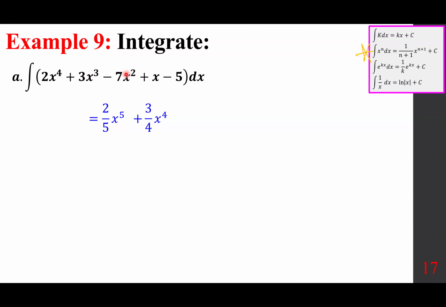This one, add 1, you get 3: minus 7 thirds x cubed. Now, it's important to understand this means x to the power of 1. And so if we add 1, we get 2. So 1 over 2 x squared minus 5x, and a constant. And we're done. It's that simple, everybody.